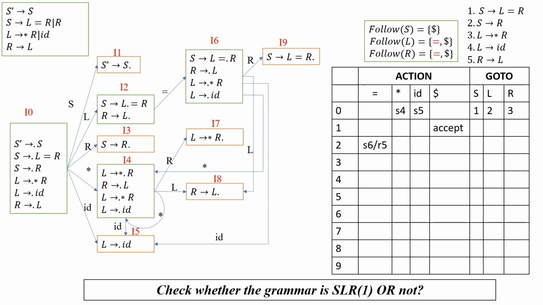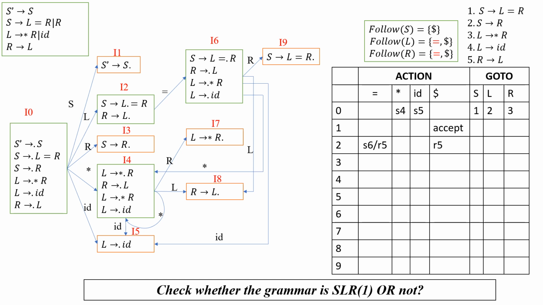R derives L dot is the fifth production. Therefore, we have to write R5. But where? We have to write R5 in the follow of R. Follow of R is is equal to and dollar.